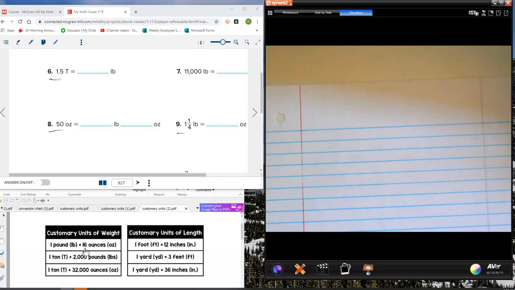There are a couple ways that you can do this, boys and girls. One way is just to remember what we've been doing previously during the year, which involves multiplying a mixed number. Because this is a mixed number right here, I can turn it into an improper fraction. I take the 1 1/4 and I turn it into 5/4. Now I can multiply this 5/4 by 16, but let me turn that 16 into an improper fraction.